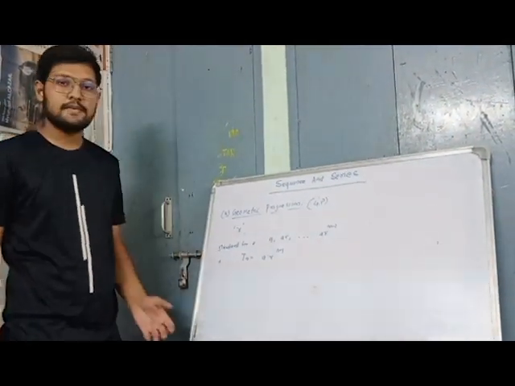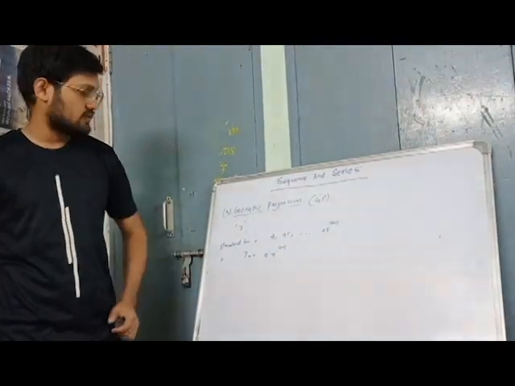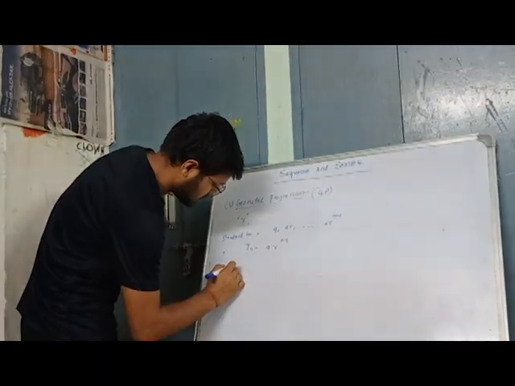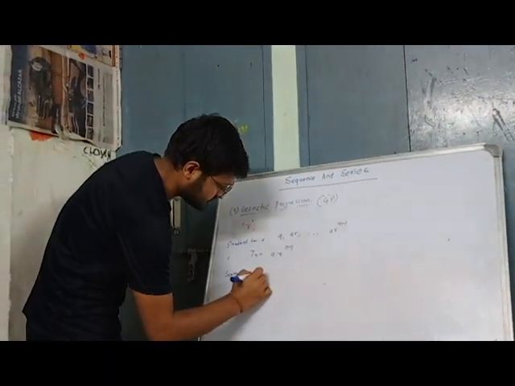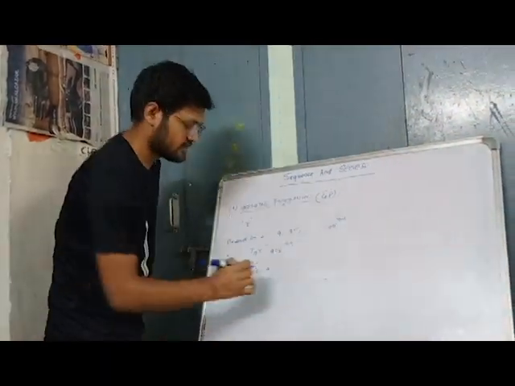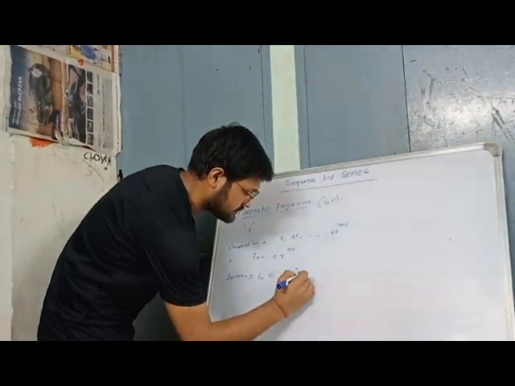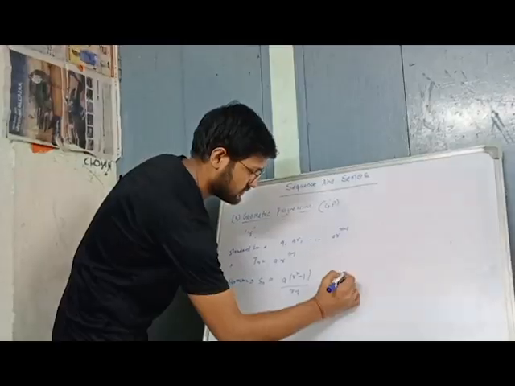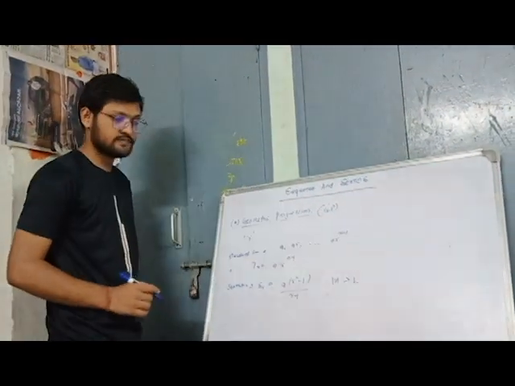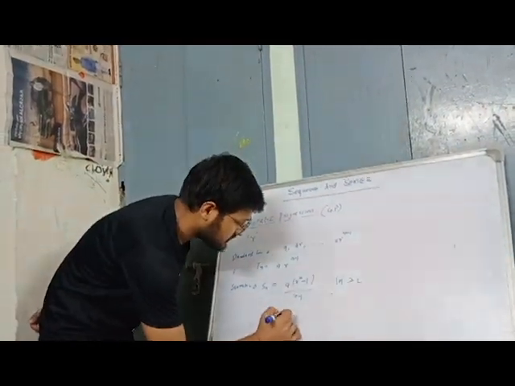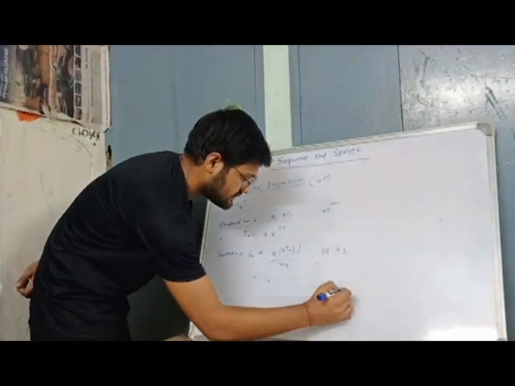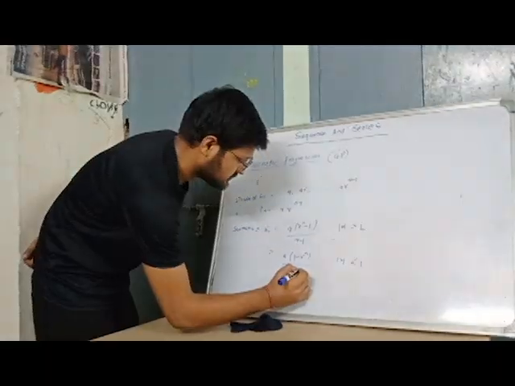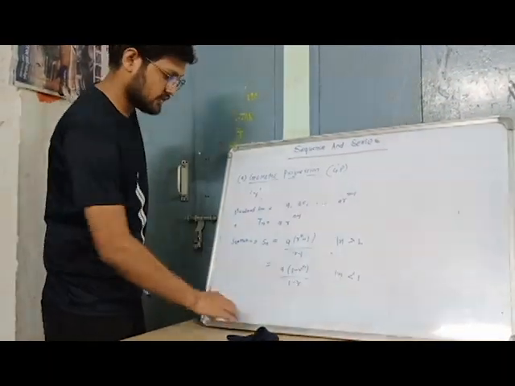The question may also ask the summation of n terms of a GP, then the formula of summation will be a (r to the power n minus 1) upon (r minus 1), where mod of r is greater than 1, and if mod of r is less than 1, then the formula will be changed a little like this.